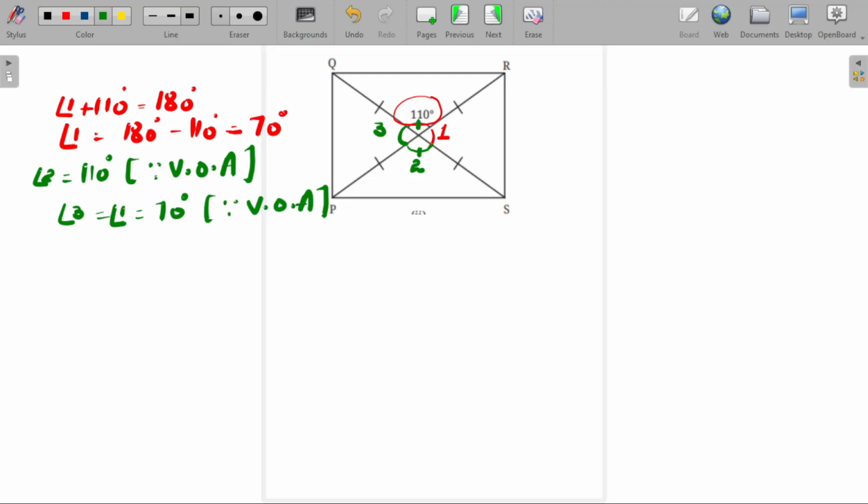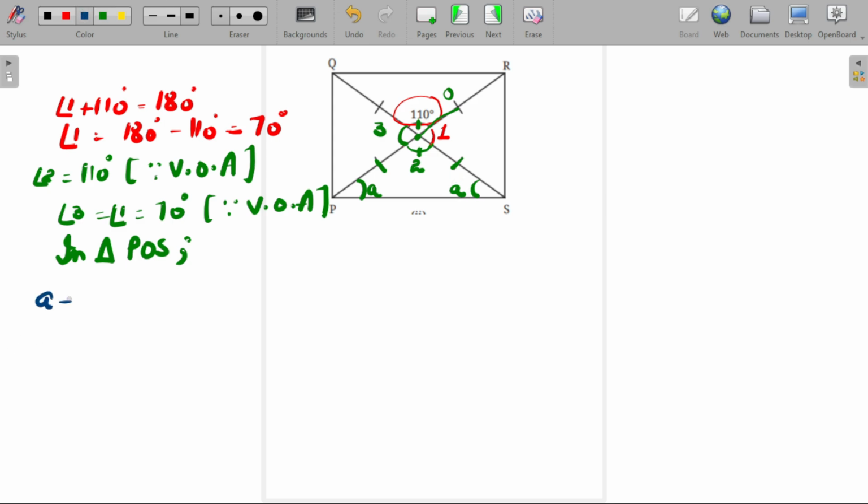So let's take this point as O. This is point O in here. Okay. So in triangle EOS, if these two sides are equal, then clearly this angle will be equal to this angle, right? I'm taking this as A. Both angles will be A. So let's solve it.